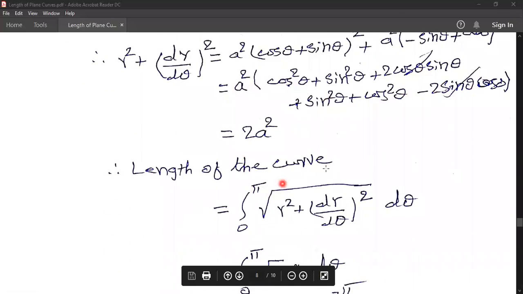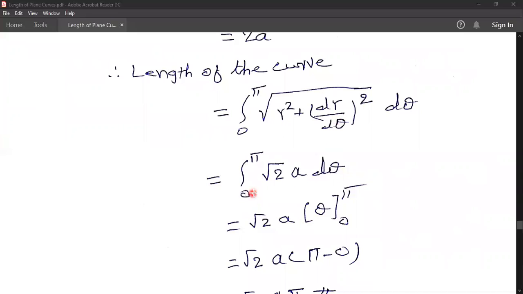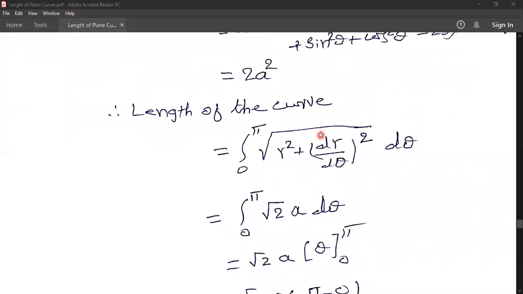Then the length of the curve is equal to integration from 0 to pi of square root of r square plus (dr by d theta) square, and the integral of this with respect to theta. Then here this is equal to integral from 0 to pi, root 2 a d theta, because this value is equal to 2a square.